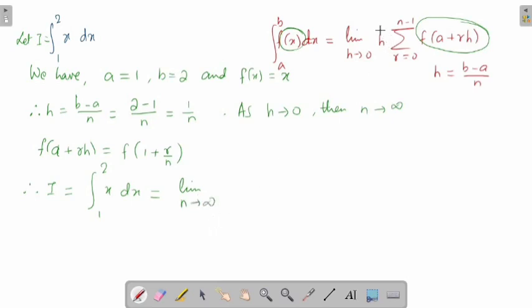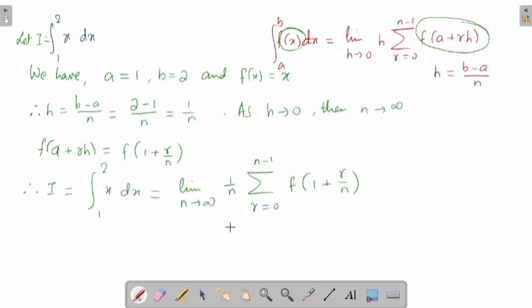In place of h we will write 1 by n, summation r from 0 to n minus 1. So we have f of a plus rh as f of 1 plus r by n.